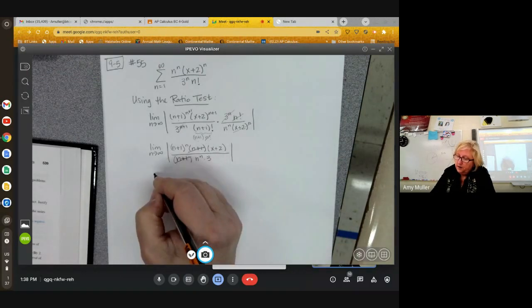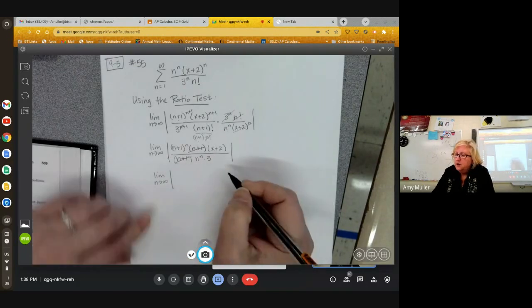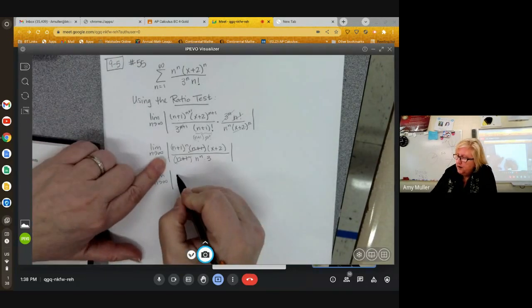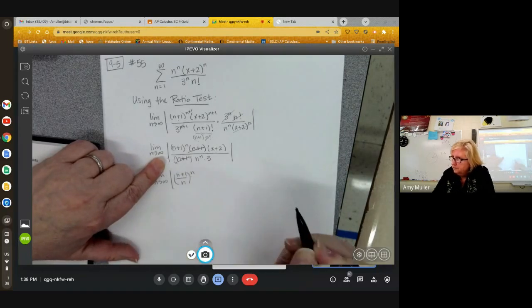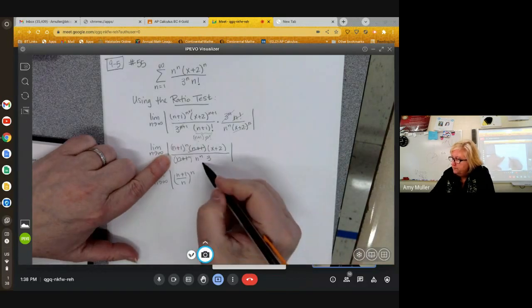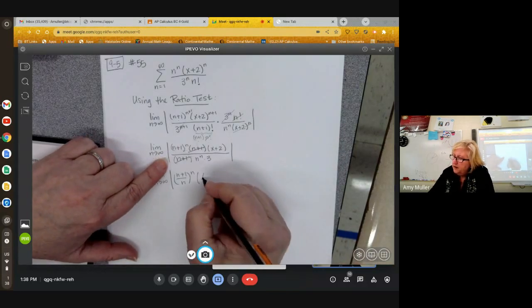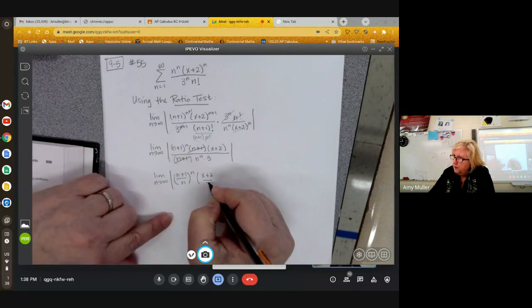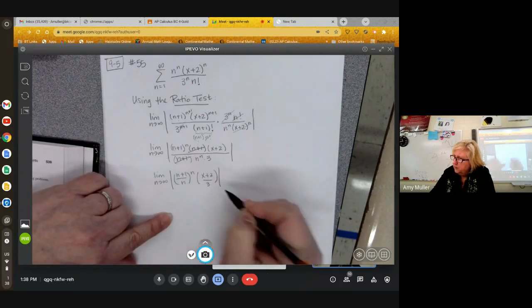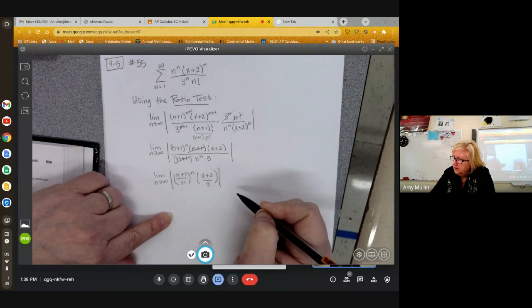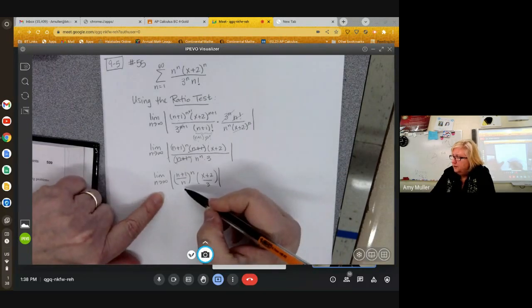And I'm left with the limit as n goes to infinity of the absolute value. Now I'm going to put the n's together. So we're going to have n plus 1 over n to the n, because they're both to the n. And then I'm going to have x plus 2 over 3, correct? Now this looks like 1 to the infinity.